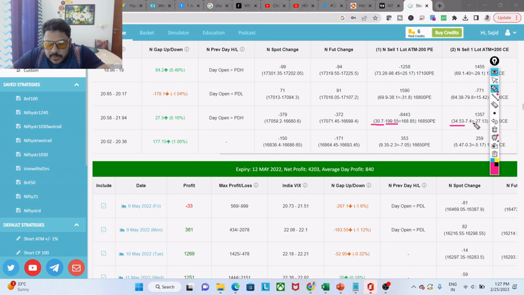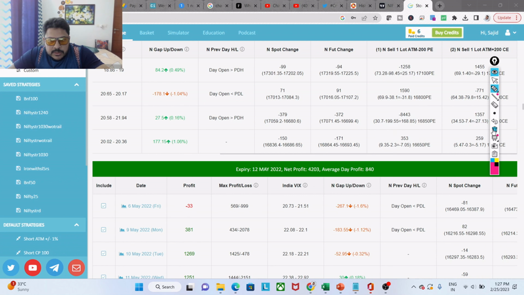Here it is 34, it became 27. Not much of a drop. That is the reason you have a higher loss here, lesser gain here. I sell it at 30 rupees, and if I don't have a stop loss, it is going up to 200 rupees.